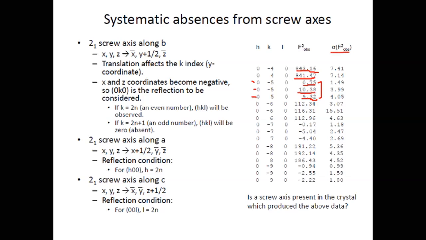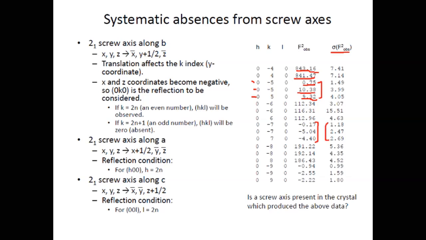Then when we go to the 0, -6, 0 and 0, 6, 0, you'll see again we have very intense reflections with reasonable error associated with them. When we go to the 0, -7, 0 and 0, 7, 0, you see that our intensities are very small and our errors are very large with respect to the intensity.